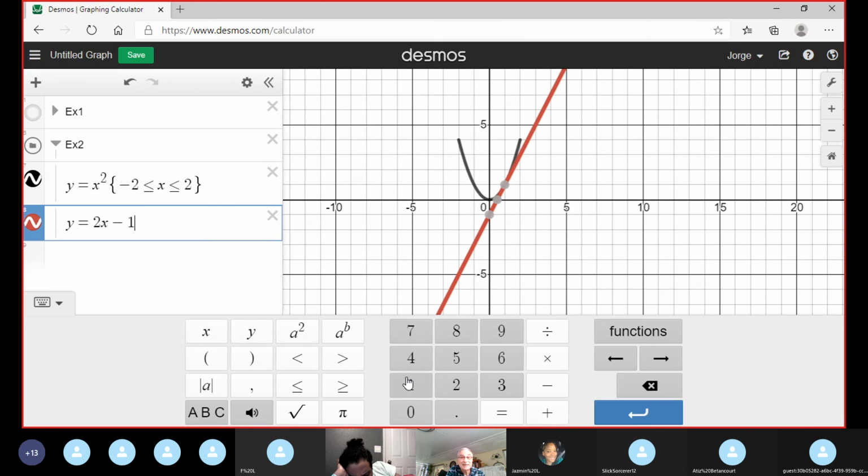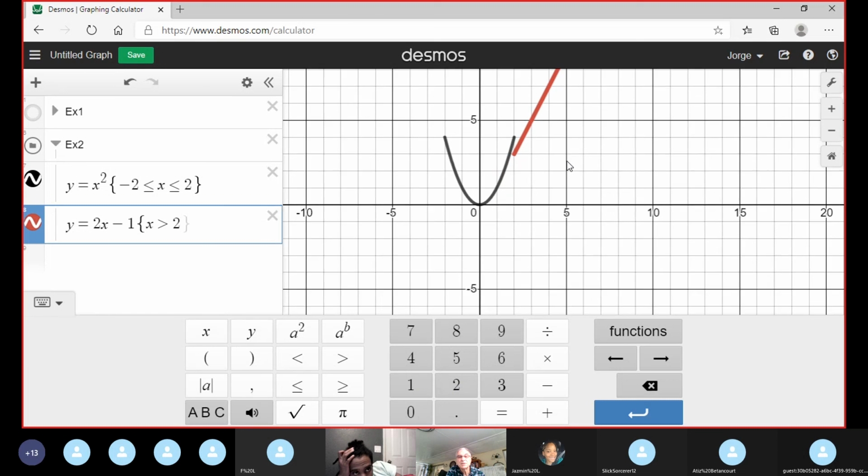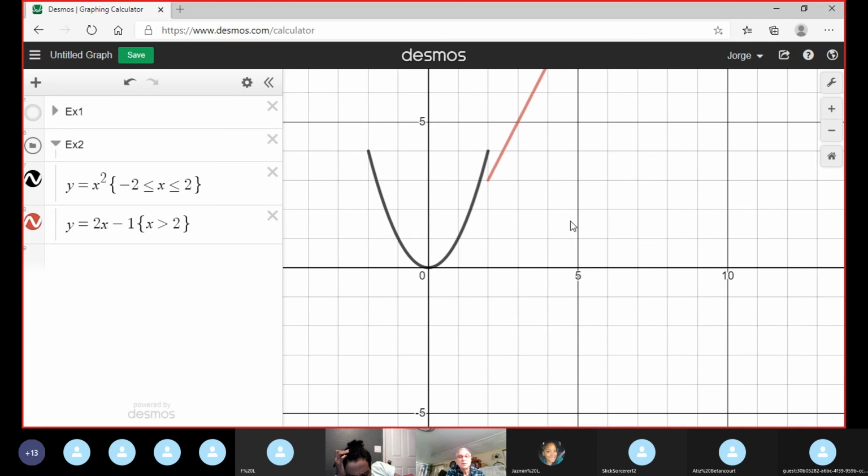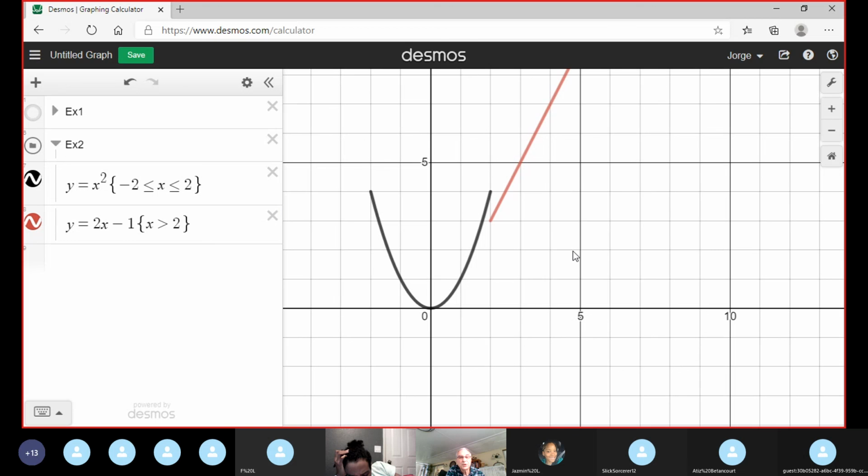But this line is valid only when the condition is x greater than 2. Boom. And this is my piecewise function.